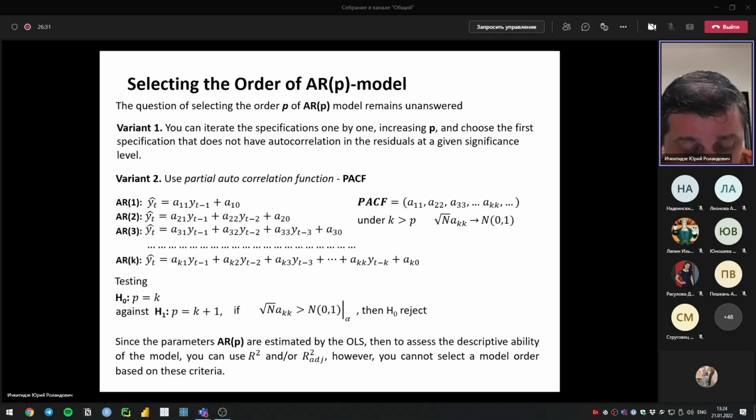If you immediately included the AR3 model and just looked at the significance of the coefficients by t-statistics, then you may experience overfitting. All these coefficients can be significant, but in fact, PAC is a more accurate measure for choosing the order of a model. It often points you to AR2 or AR1. That is the main summary. The order of the autoregressive model is recommended to be estimated based on the PAC function.